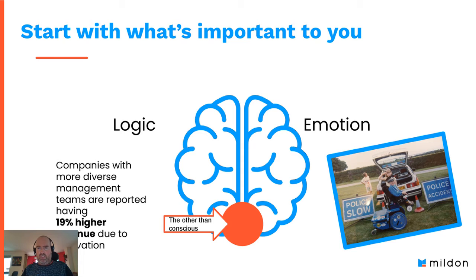And then on the emotional side, that's a picture of me when I was young. I wanted to be a police officer when I grew up. And I guess at the time, my parents were thinking, how is Toby going to be a police officer? Because one of the requirements of a police officer is that you need to be physically fit and chase after people.